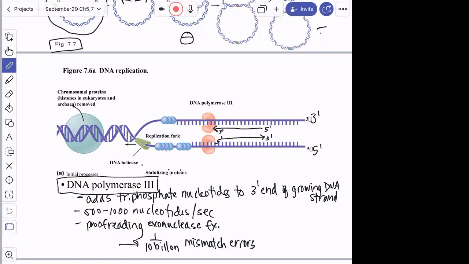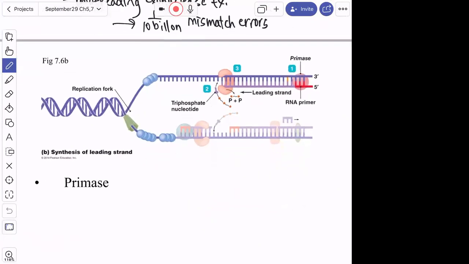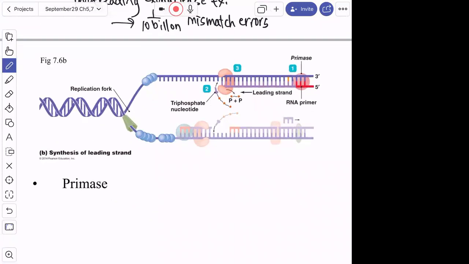All right, what other enzymes are doing work here? Well, it turns out that DNA polymerase is a big enzyme and it does a lot, but it can't just add nucleotides de novo, from nothing. It can't just start on its own. It has to have a 3' hydroxyl group to start out with.